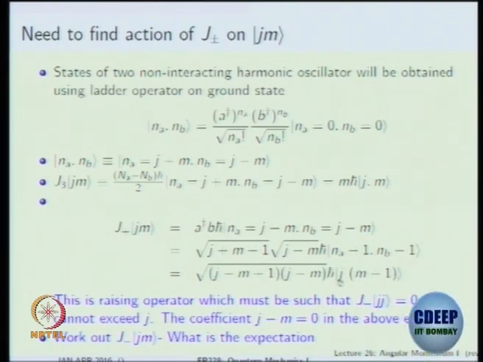The J does not change, and you have rewritten all these Na eigenvalues and Nb eigenvalues in terms of J plus M and J minus M. And this is a raising operator which has this property that there is an upper cutoff as M cannot exceed J. And you see this naturally. When you do this, you do see that when J equals M equals J, this term becomes 0.